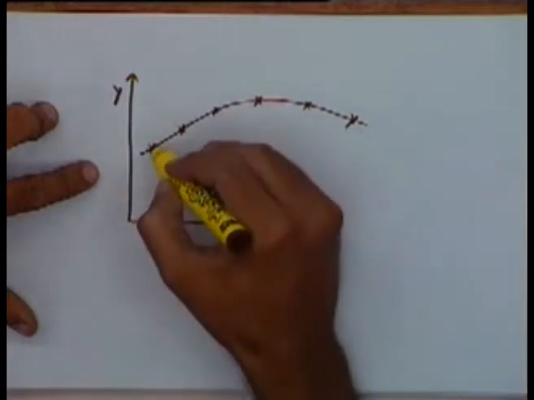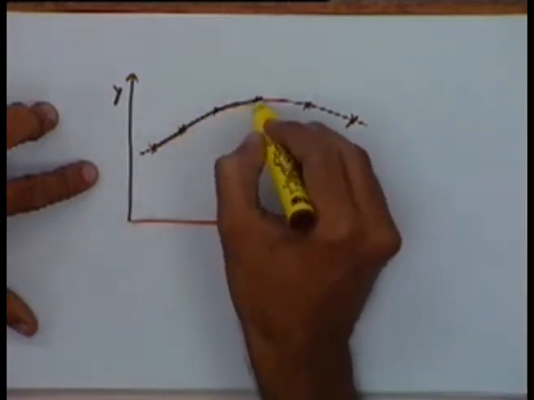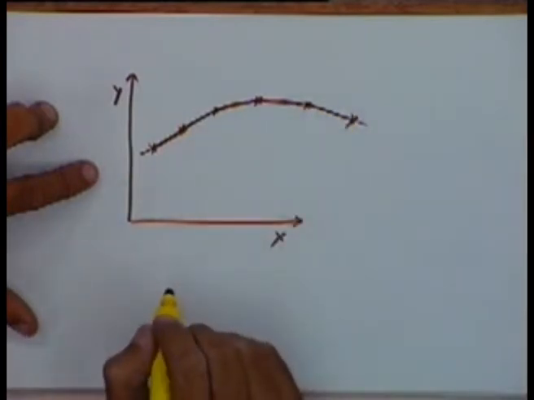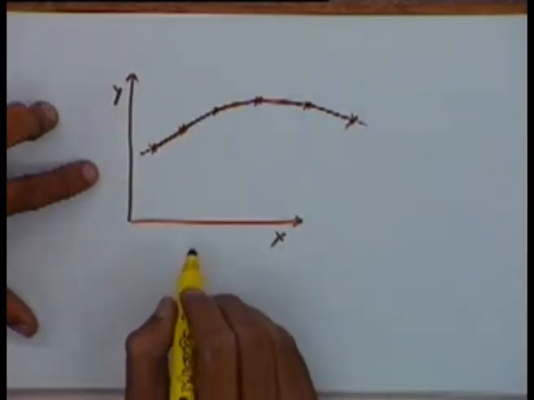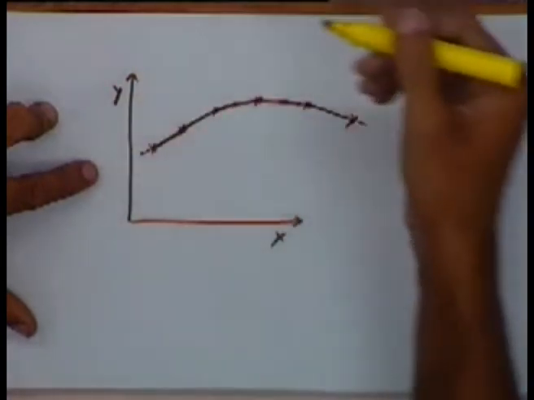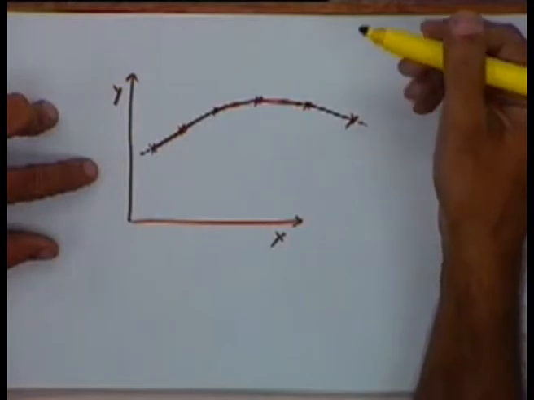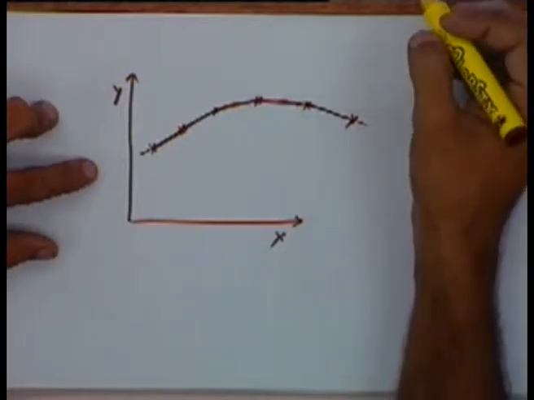And between these points I might be interpolating. Okay, that means this curve or this surface is available as a set of discrete data and not in the form of a mathematical equation.